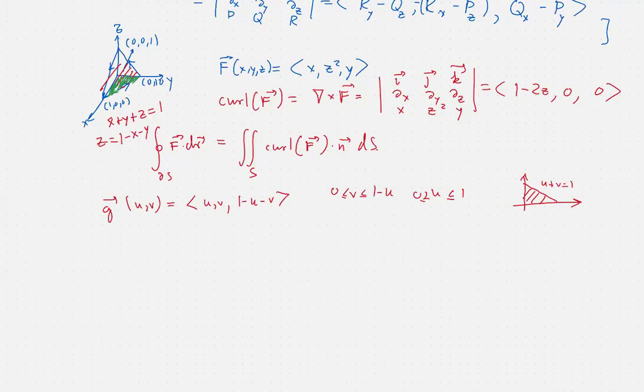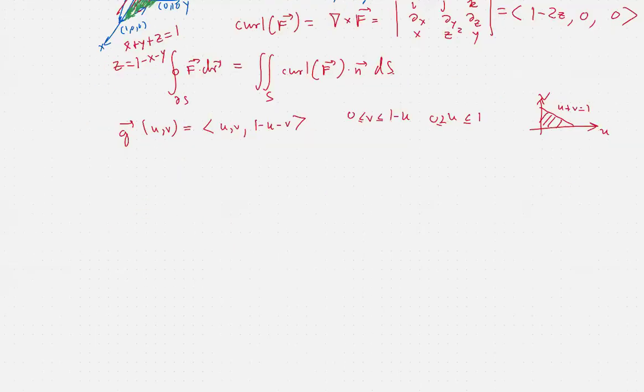So n of u, v is going to be g sub u cross g sub v, which is 1, 0, negative 1 cross 0, 1, negative 1.